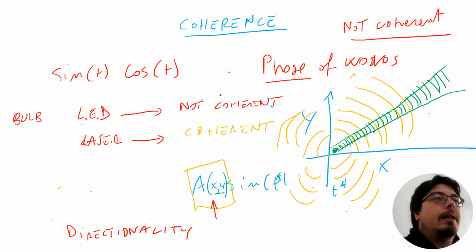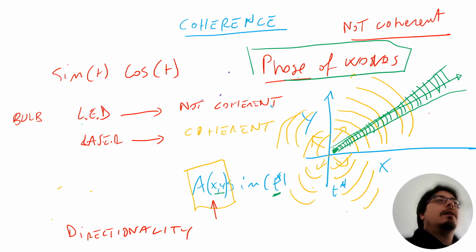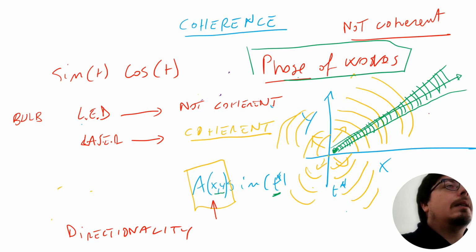So x, y, and t will have nice phase relationships, and this will allow you to direct your beam of light in a particular direction rather than in any direction randomly and homogeneously like in a sphere. Okay, so this is a short video.